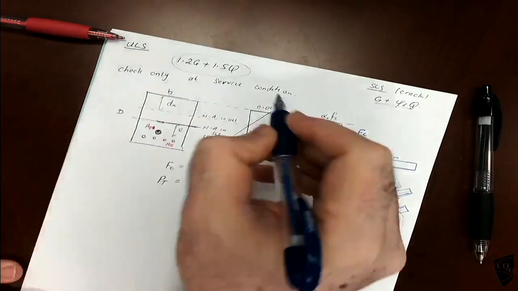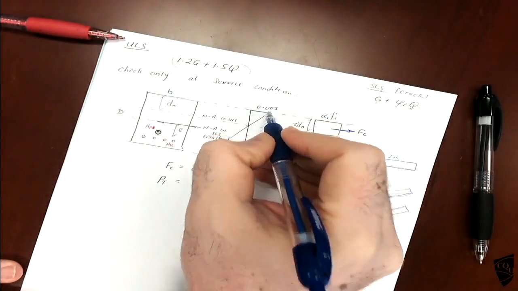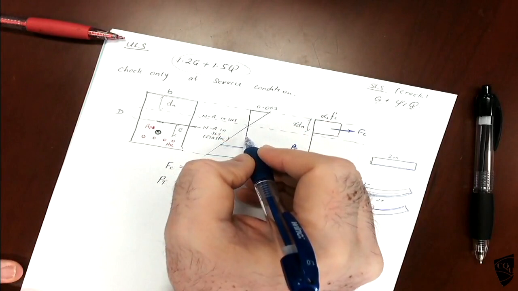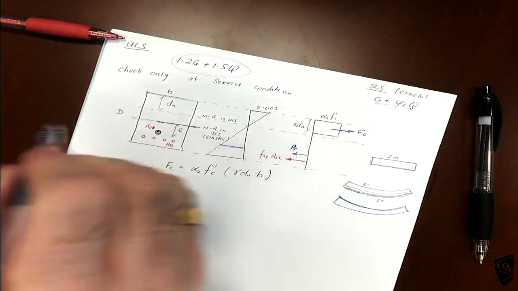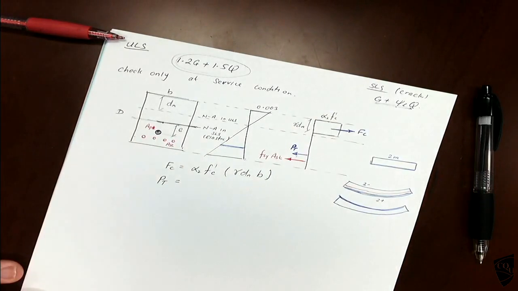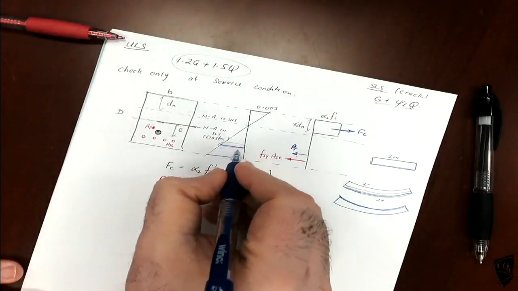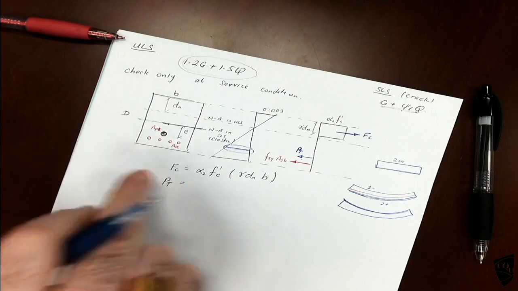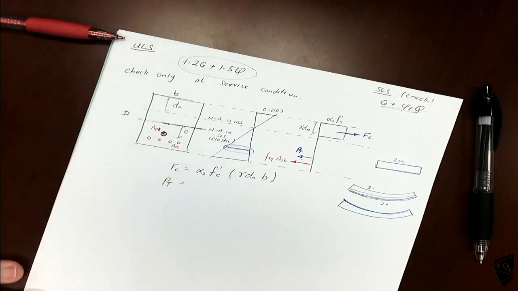So we should be able to find out the strain. This one is known. You should be able to find the strain using similar triangles, then calculate the stress. This strain is in addition to what we applied earlier. Then you should be able to calculate the current pre-stress force.